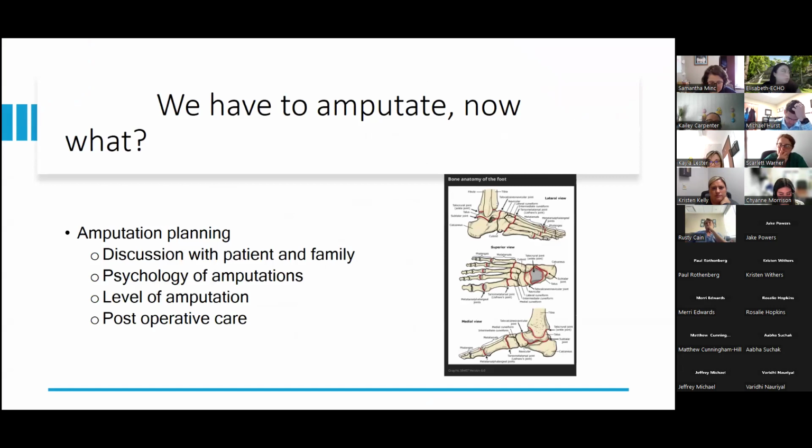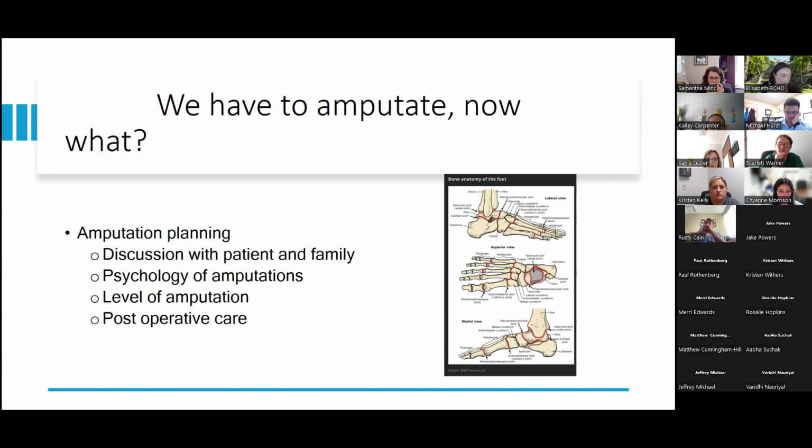All right. So, getting the back end out of it, we've already established that a patient doesn't have good vascular status, and/or we have noted some form of infection or osteomyelitis in the bone, and decided that we are going to proceed with an amputation.